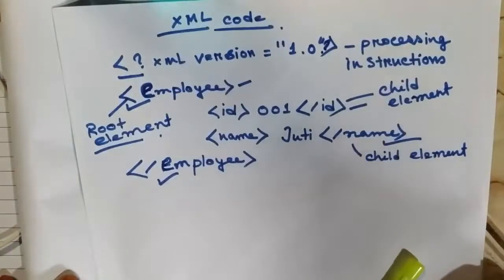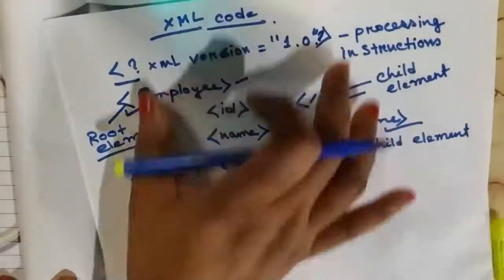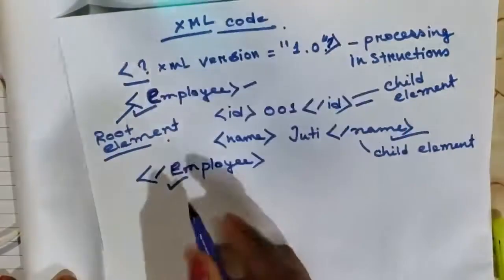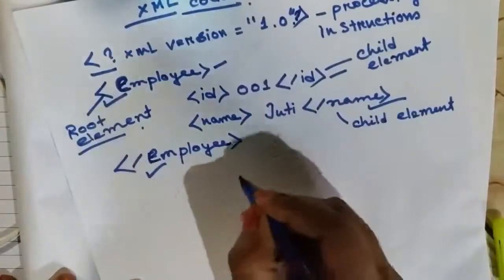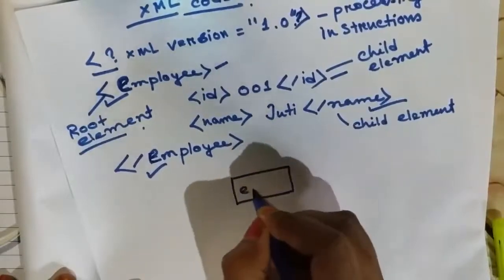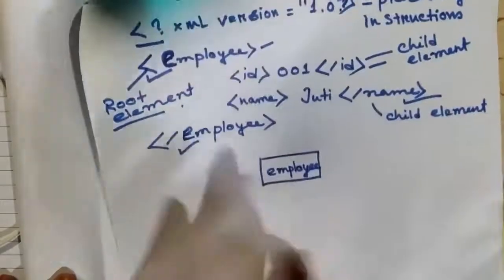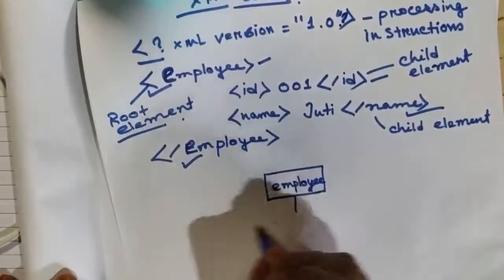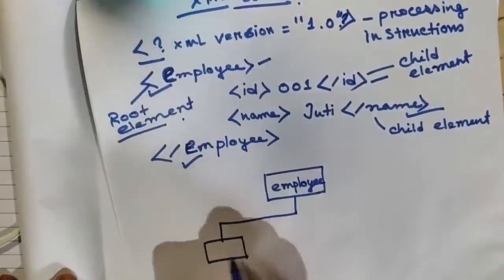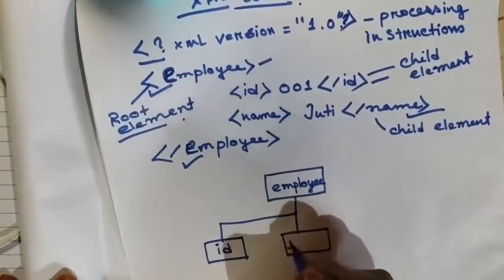This program is called a tree structure XML program. So the structure should be like this: employee, then it has ID, it has name.